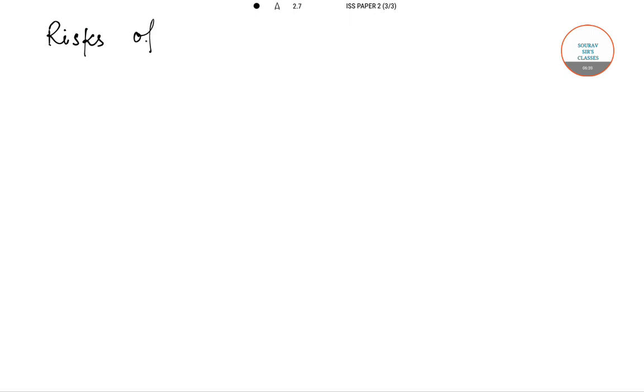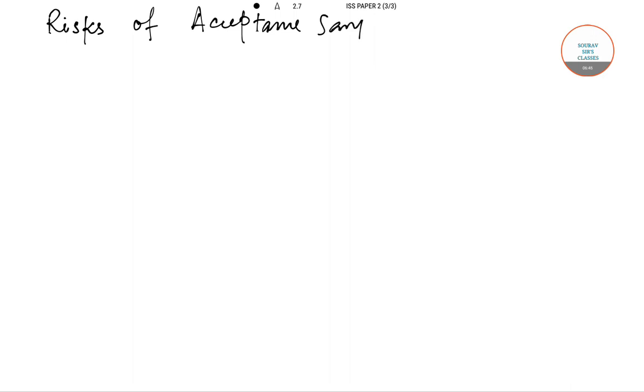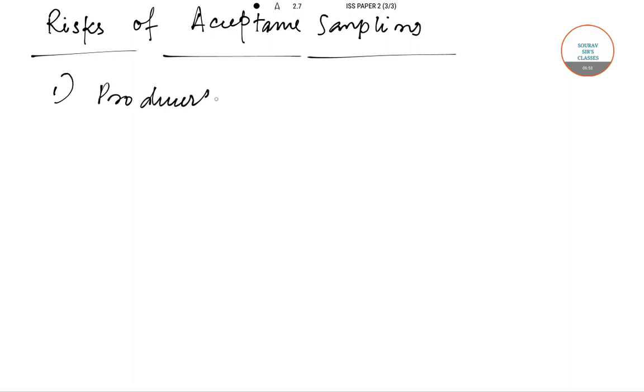I will obviously be discussing these in a more descriptive way later in this discussion. I'll just name the risks. They are known as producer's risk and consumer's risk.